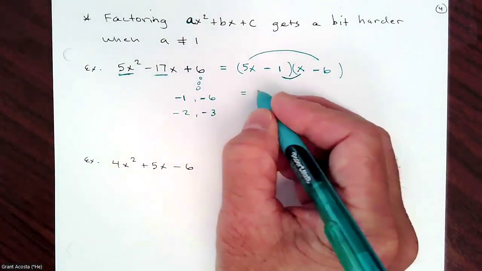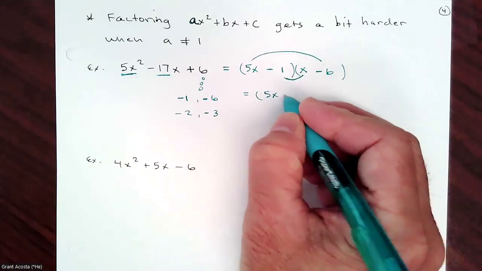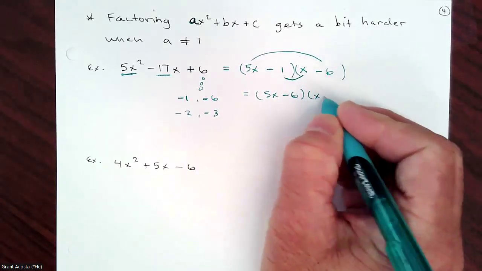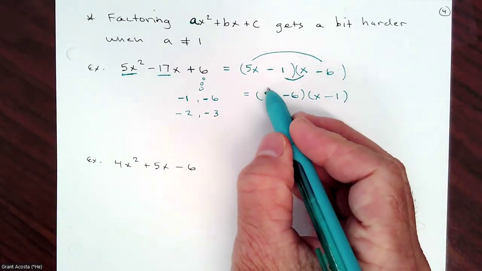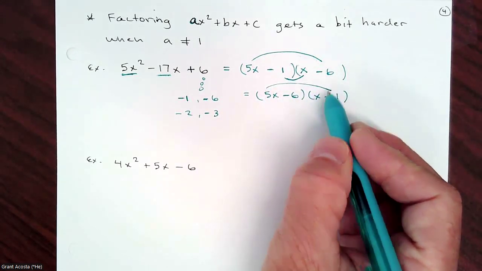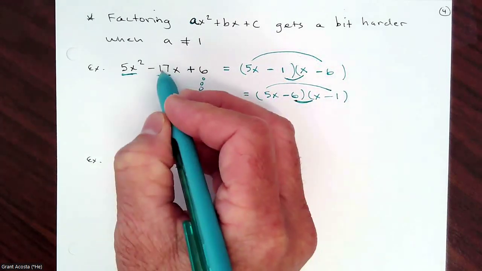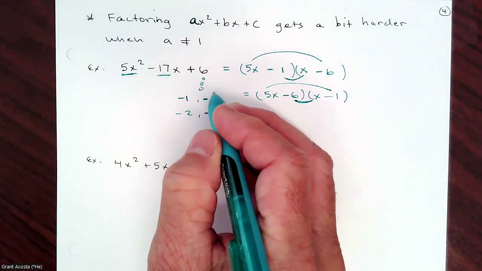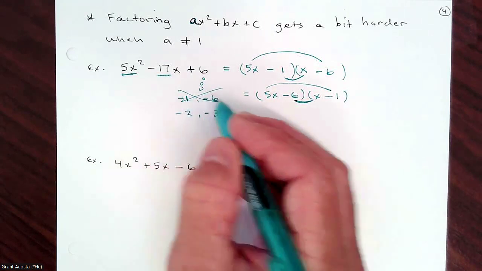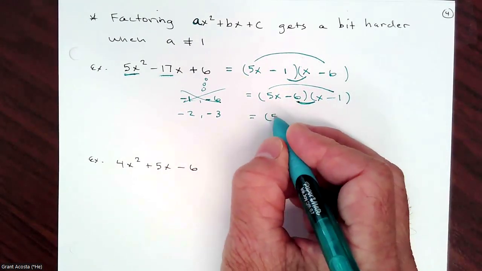So then maybe I try it the other way. Maybe I go minus 6 here and x minus 1. What do I have there? That's minus 5x, minus 6x would get me minus 11x. That's not going to do it. So that's telling me it's not going to come from these two factors if this thing is going to factor.